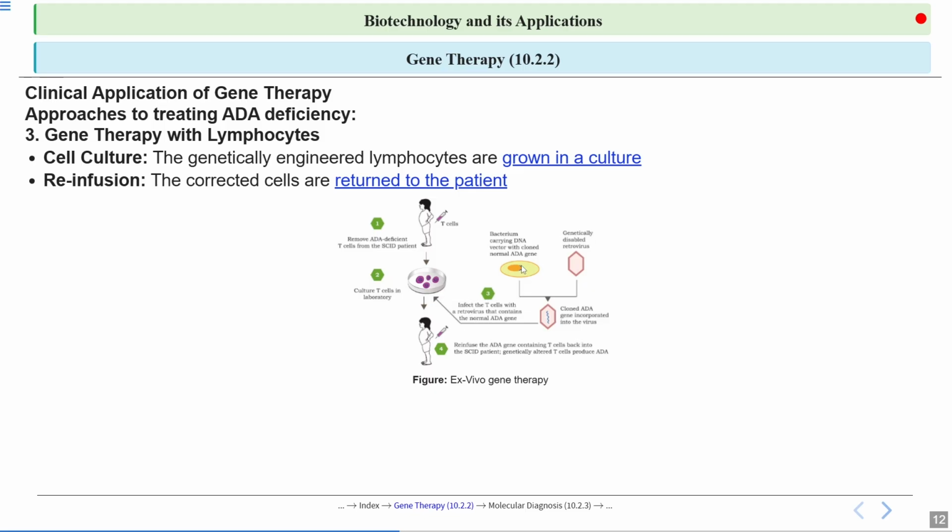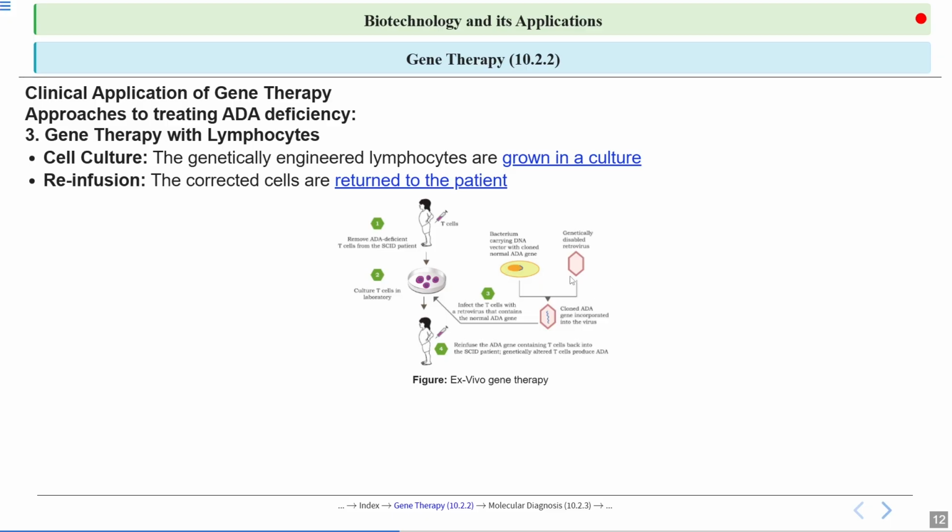Now here we have a bacterium which is carrying a DNA vector with the cloned normal ADA gene, an ADA gene which is functioning properly. And this is a genetically disabled retrovirus.